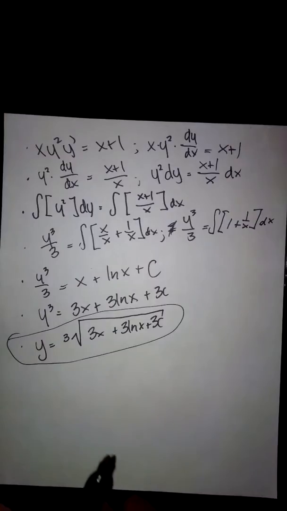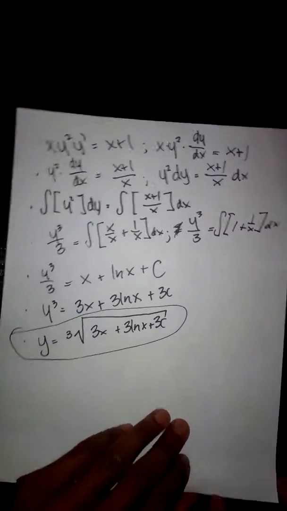Now this right here is a simpler example. I'm going to show you guys another one that's a little bit more complicated. Well, not really more complicated, but it contains something a little special.